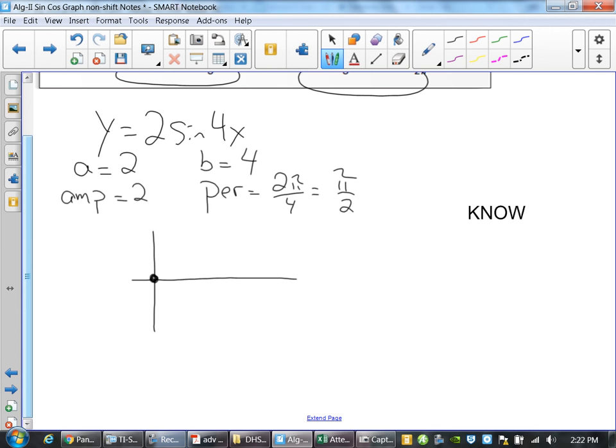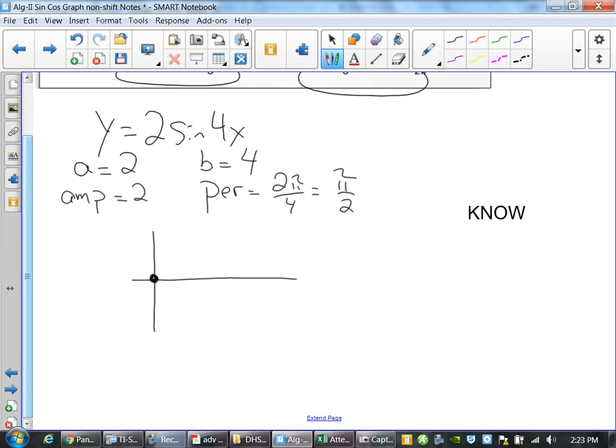Sine starts at 0, it goes to the A value. Cosine starts at the A value, then goes to 0. So if your A value is positive, then sine would go from 0 up. If your A value is negative, sine would go from 0 down. If cosine has an A value that's positive, it starts at that positive, works its way down to 0. If it starts at a negative A, it starts at the bottom, works its way up. That's the only difference between the positives and negatives in this case.